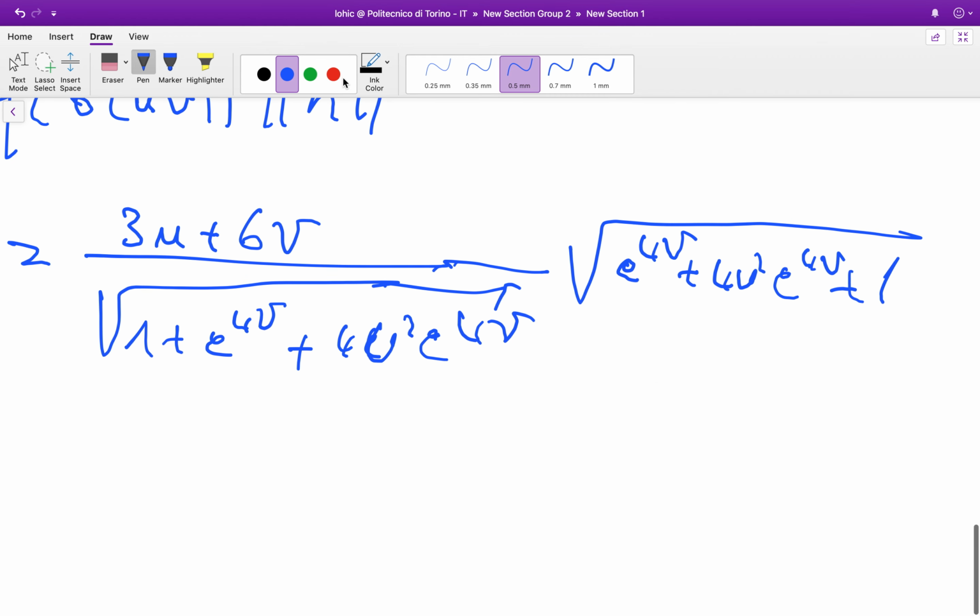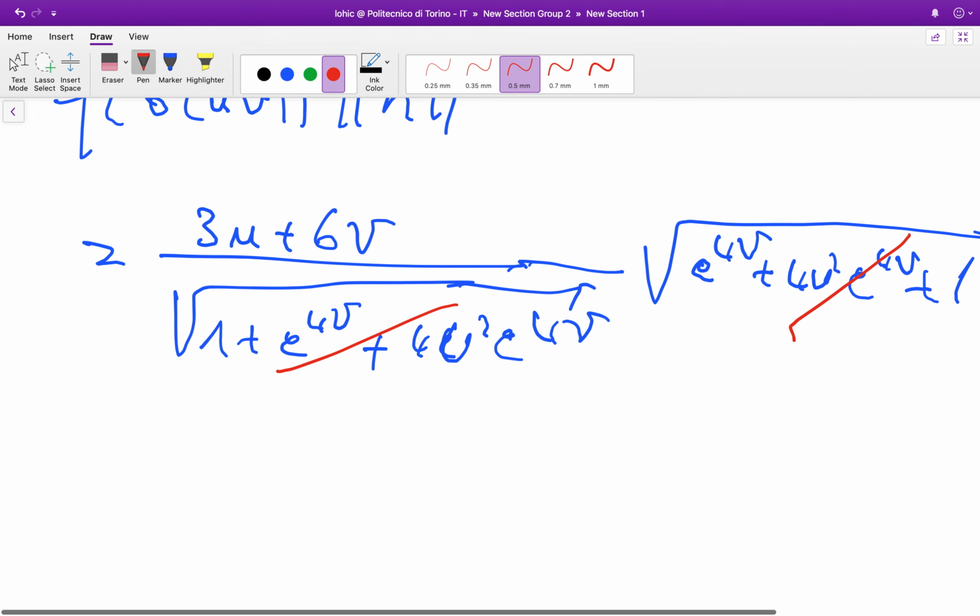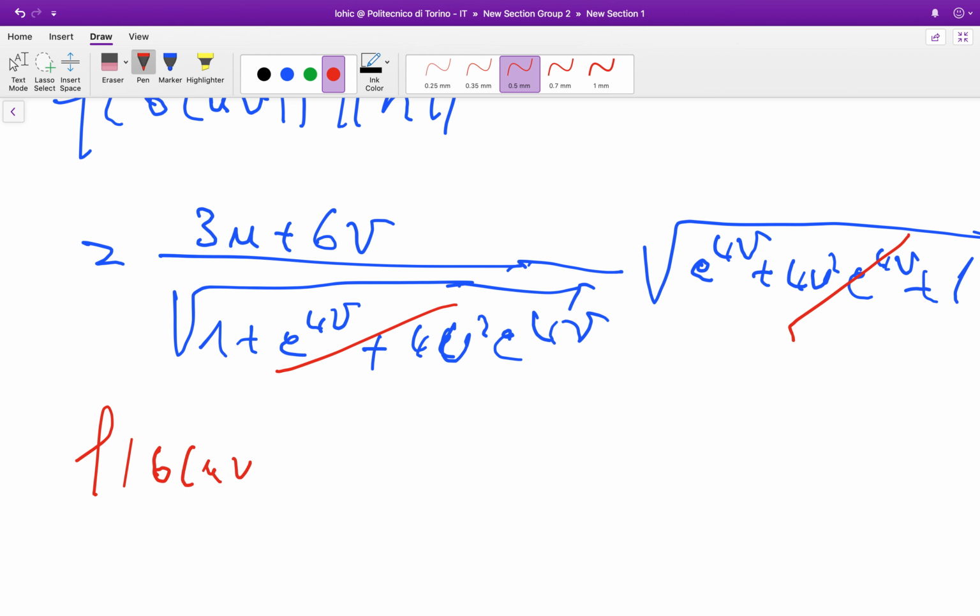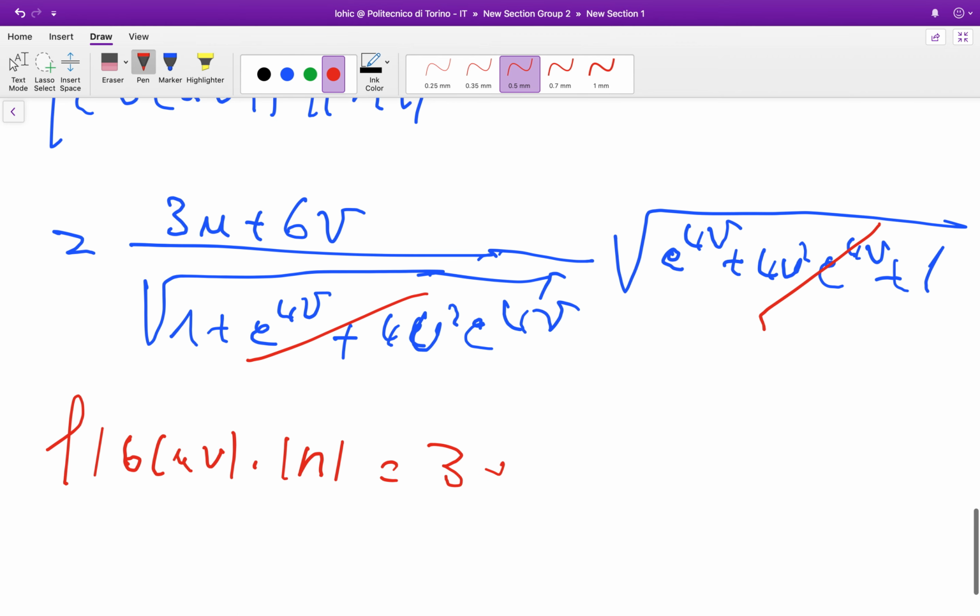I see that fortunately this and this can cancel, and I get that the function at this point sigma uv multiplied by the modulus of n is just equal to 3u plus 6v, right?